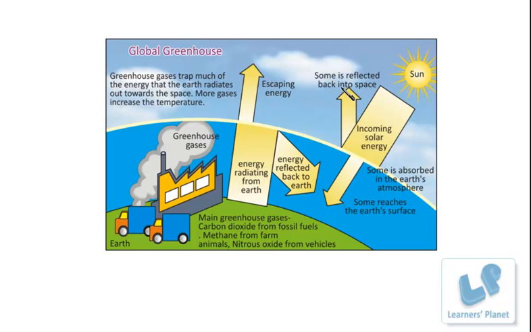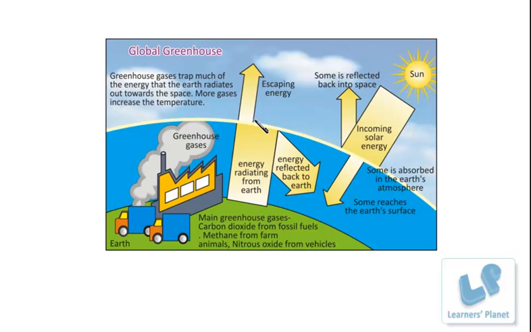Right? Solar energy, again here, some of it is reflected back, some is absorbed in the earth's atmosphere, and some reaches the earth's surface. In a way, the energy radiated back from the earth is absorbed by these gases.